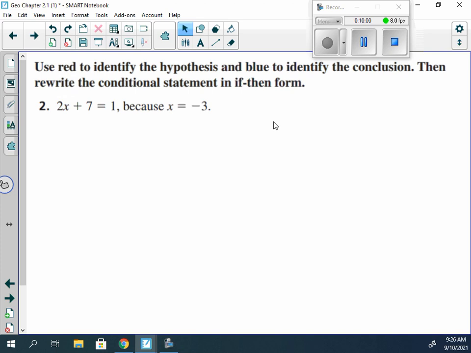Let's look at this one here. So we want to underline the hypothesis and circle the conclusion. 2x plus 7 equals 1 because x is equal to negative 3. What's our hypothesis?